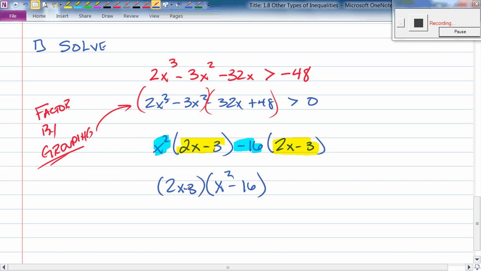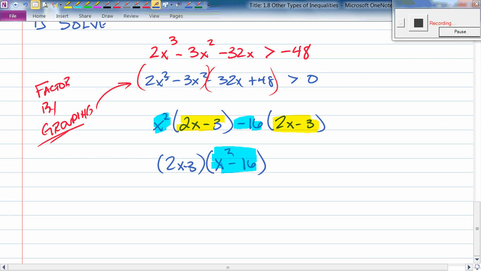Now, who recognizes this? What is it? Oh, by the way, all this is still greater than 0. So it's (2x minus 3) times (x plus 4) times (x minus 4), still greater than 0.